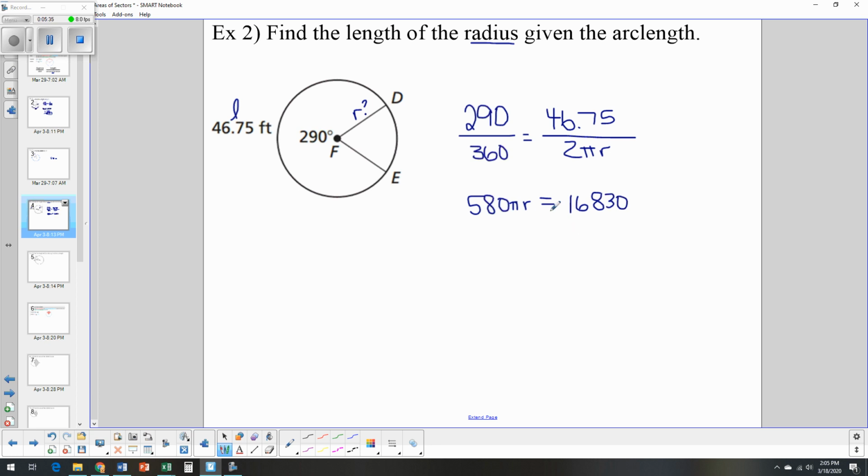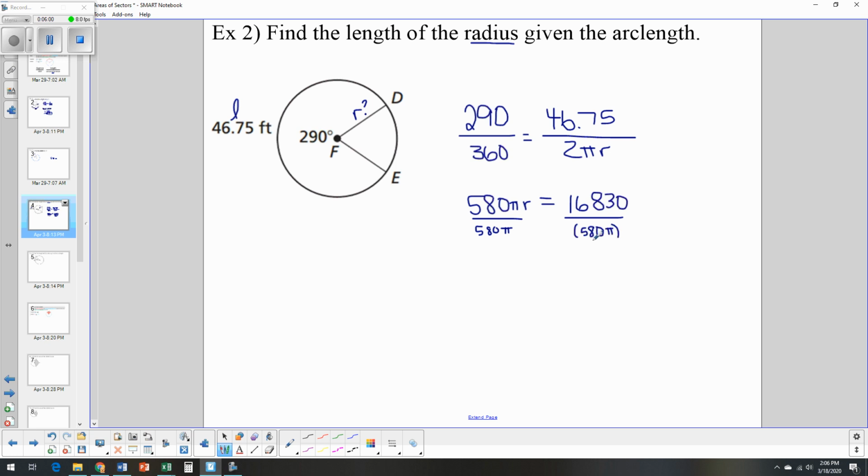And when I divide both sides, I have to be really, really careful. I'm dividing by the entirety of 580 pi. So when you do this on your calculator, I would use parentheses around your 580 pi, because otherwise it's going to think you're dividing by 580 and then multiplying that answer by pi.